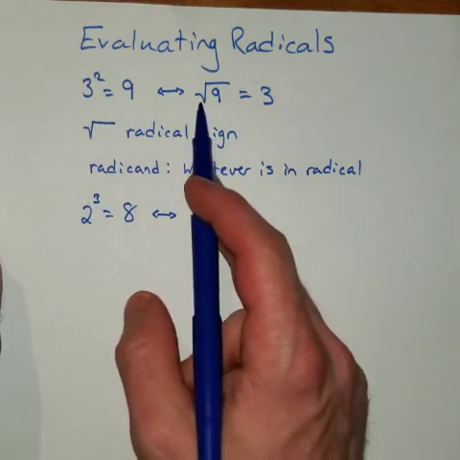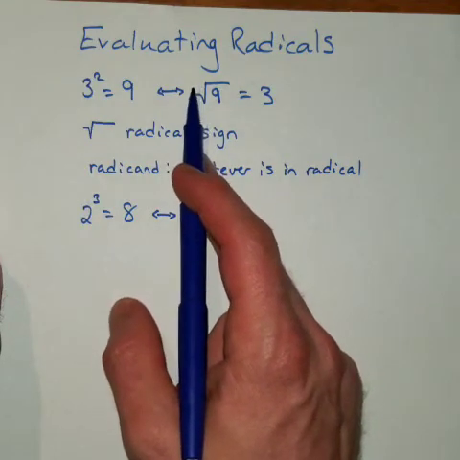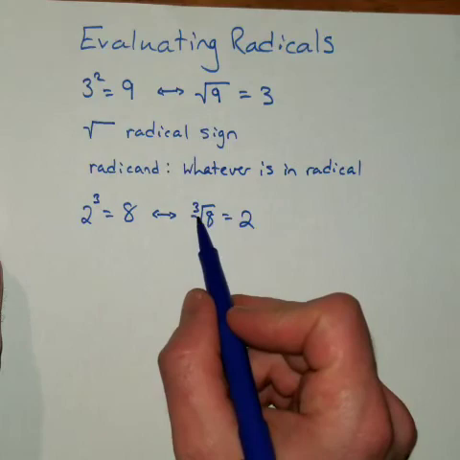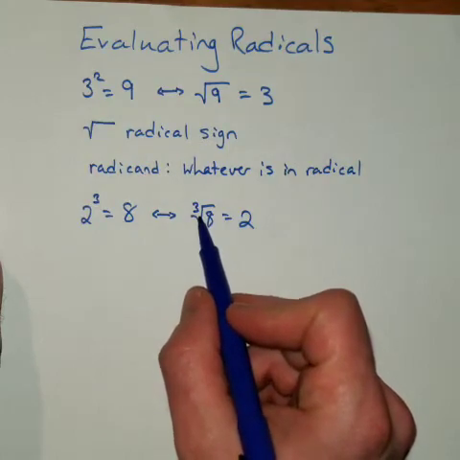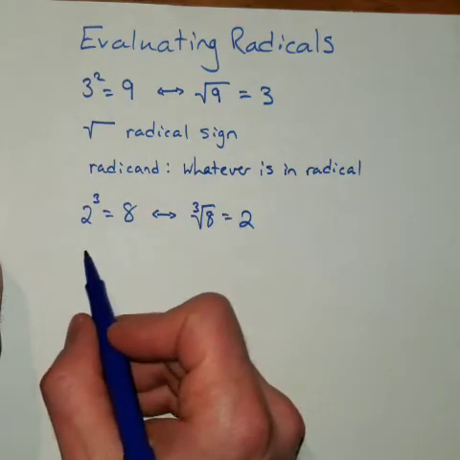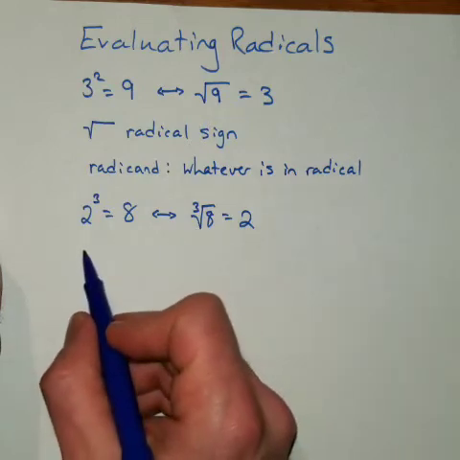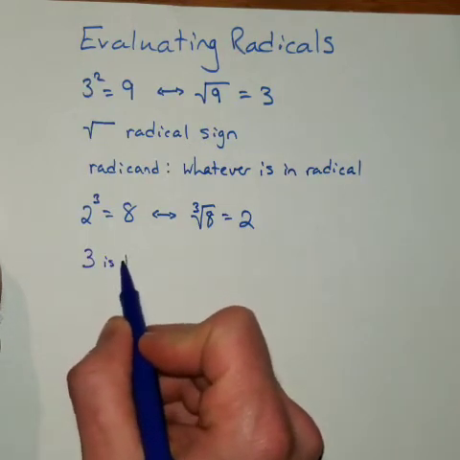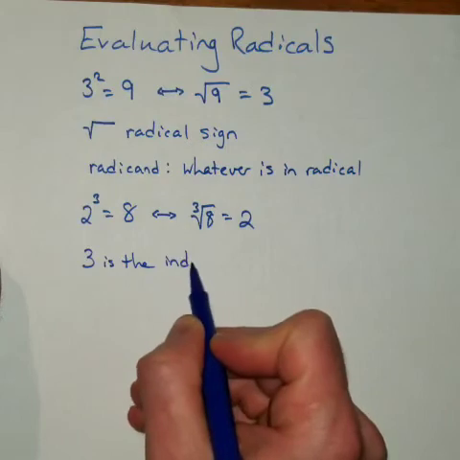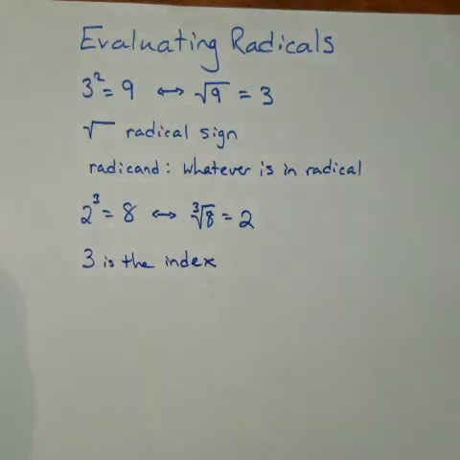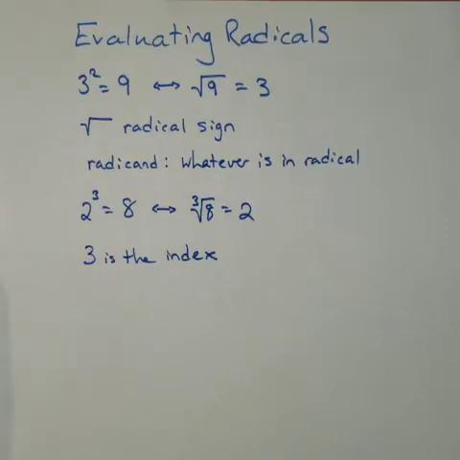In the first one, the index was 2. We just don't write the 2 in for a square root. We do write the index in for every other root. Okay, so these are really the 3 main definitions here we need to look at.